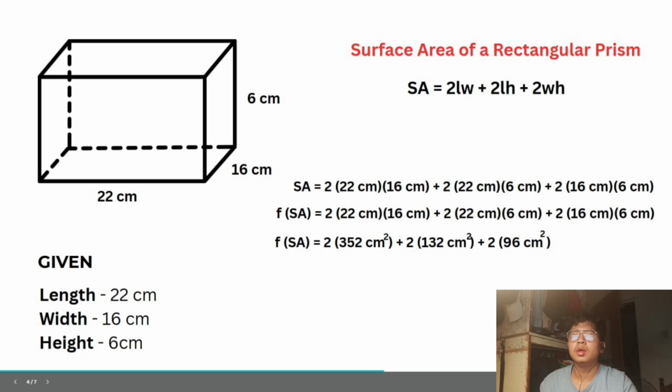Now, 2 multiplied by 352 centimeters squared equals 704 centimeters squared, and then 2 multiplied by 132 centimeters squared equals 264 centimeters squared, and then 2 multiplied by 96 centimeters squared equals 192 centimeters squared.